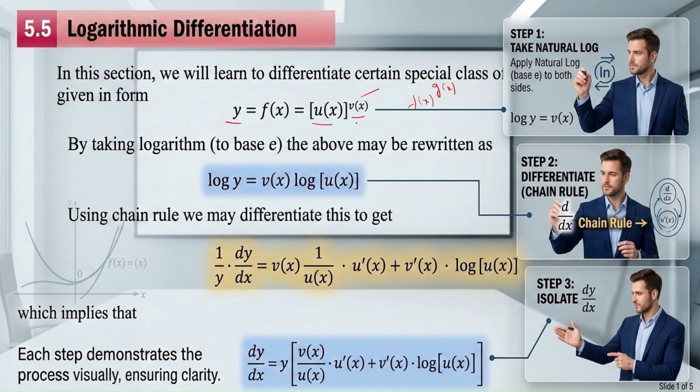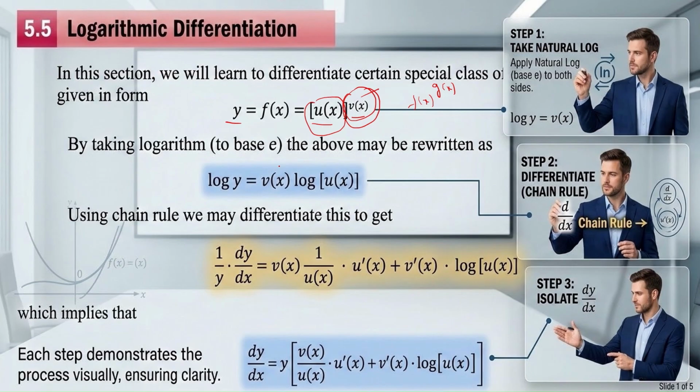For this type of function we have to apply the natural logarithm and then differentiate. Okay, this is an important category. When should we apply the logarithm to differentiate? When the function is one function to the power of another function, u of x to the power of v of x.